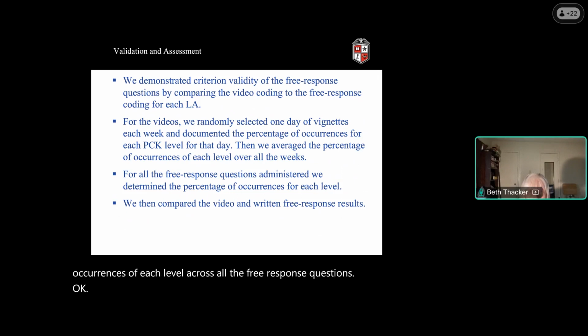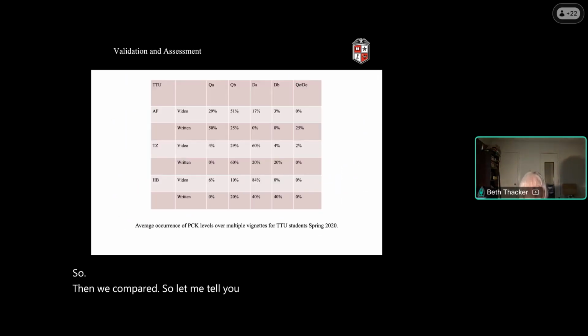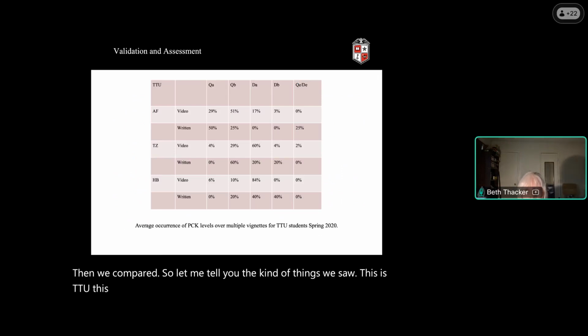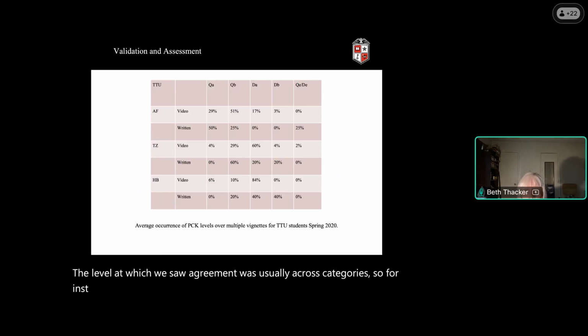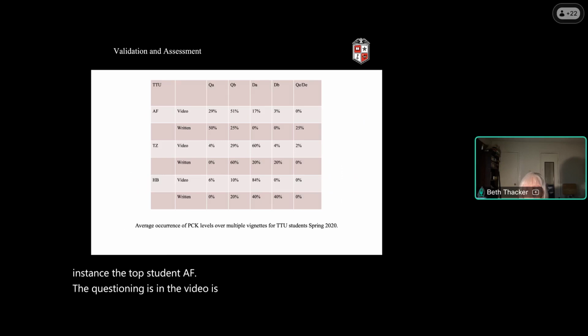Okay, so then we compared. So let me tell you the kind of things we saw. This is TTU, this is spring 2020. The level at which we saw agreement was usually across categories. So for instance, the top student, AF, the questioning in the video is either QA or QB is dominant, and that's also dominant in the written.